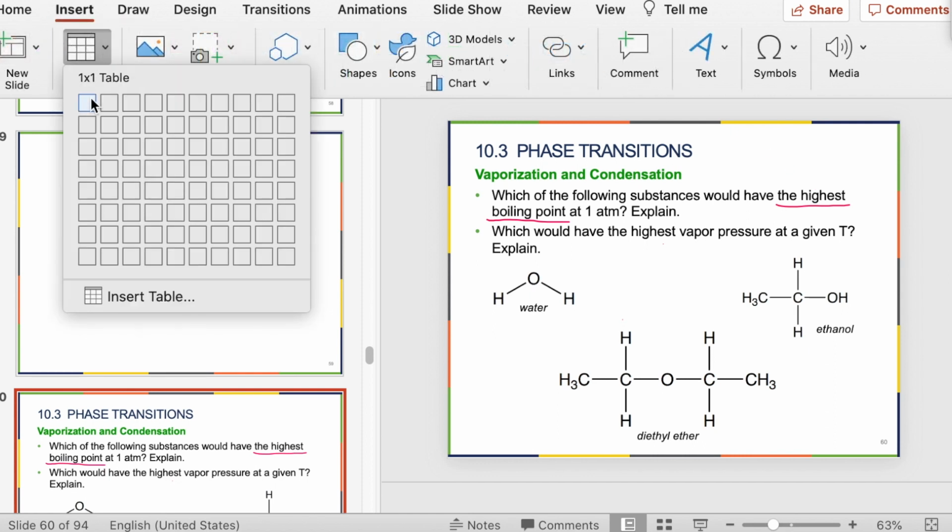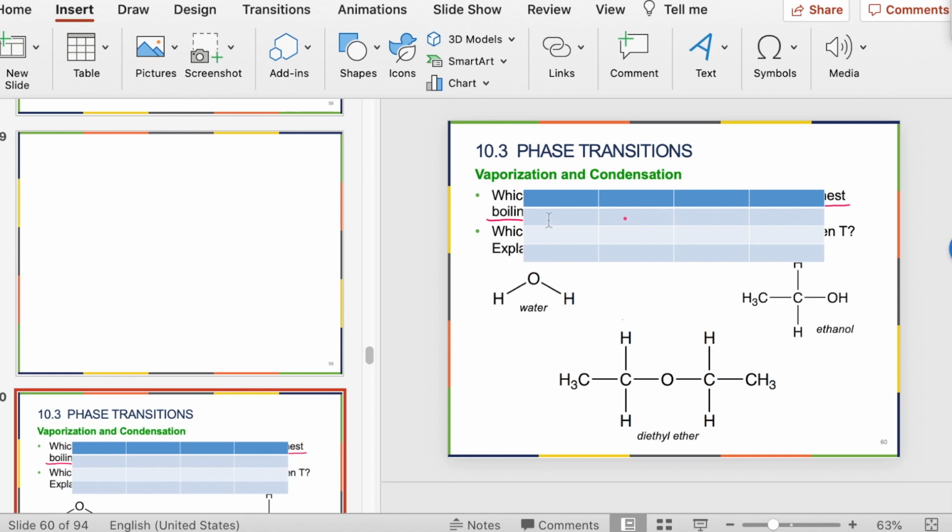Insert a table, and we're going to compare water, ethanol, and ether, which is another term for diethyl ether.